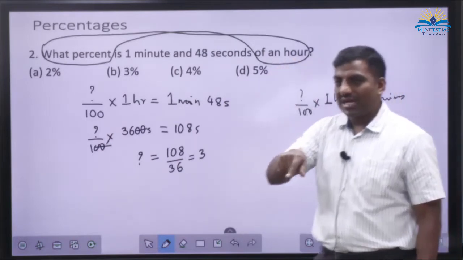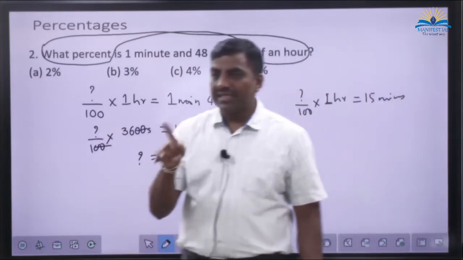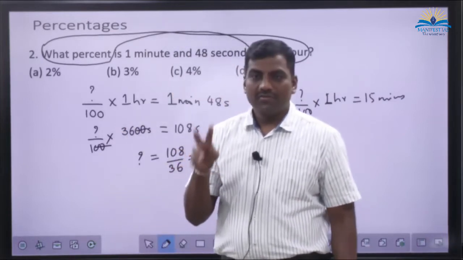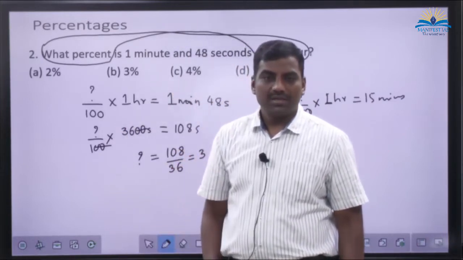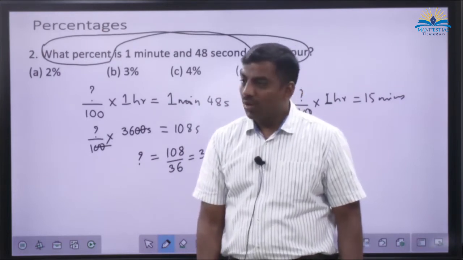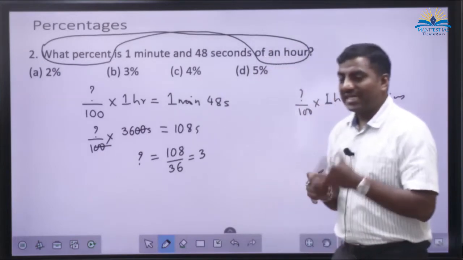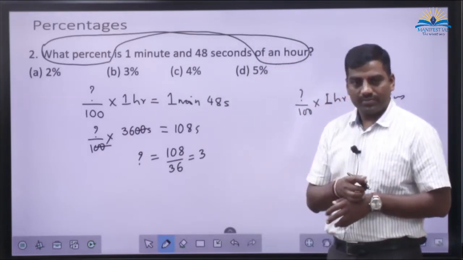In the next question, what I am asking is, what percentage is 10 minutes of an hour? Which two data are you comparing? 10 minutes and 1 hour. So, 10 minutes and 60 minutes you are comparing.